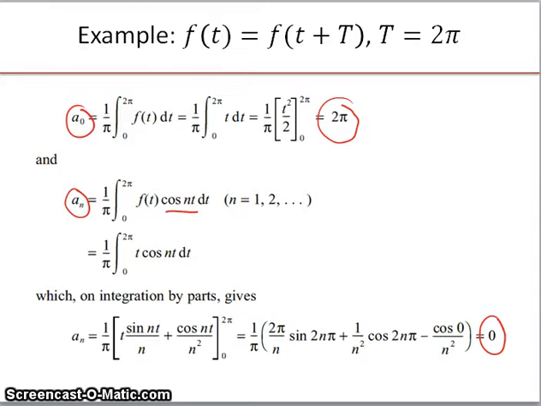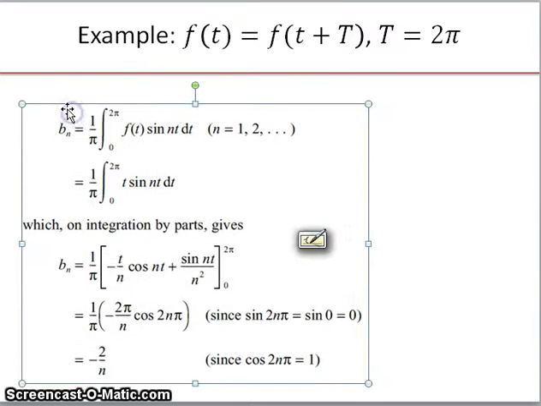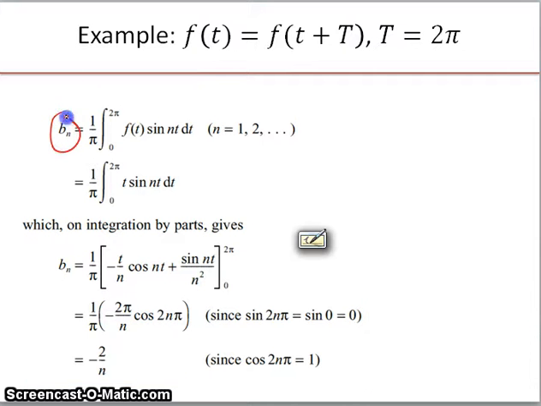Next, of course, we want to find the bn. So the bn is the multiplication of 1 over pi with the integral of f(t) sin n omega t, or sin n t here.